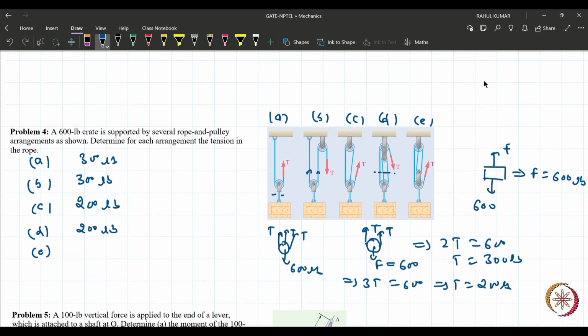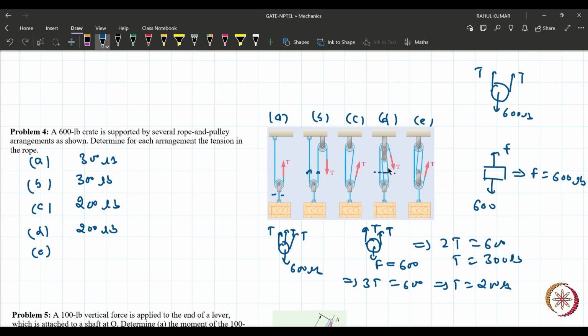For this situation there are two pulleys. The first pulley is balanced by the weight of 600 lb. And the string is the same, so the tension in this pulley will be T like this, and T like this.